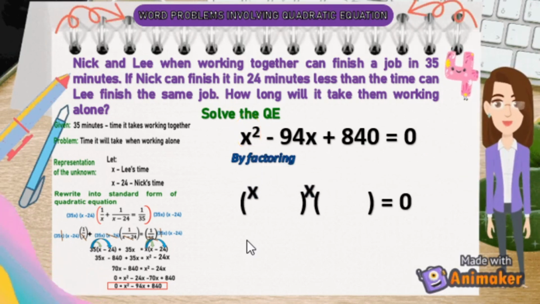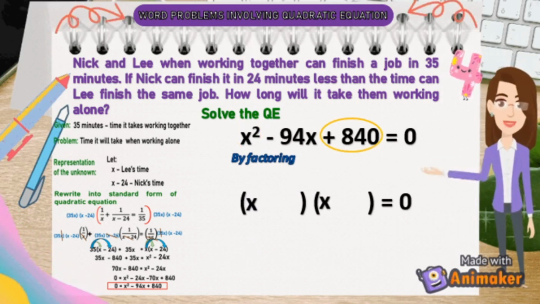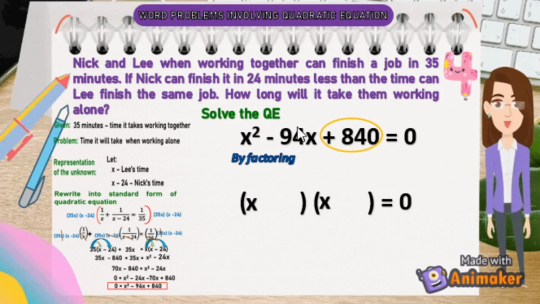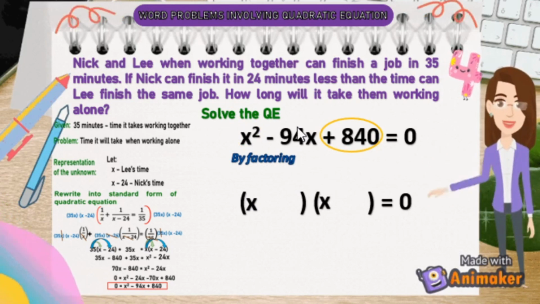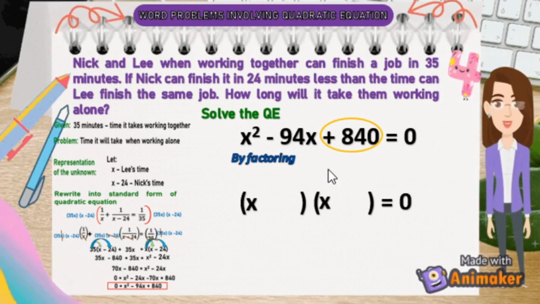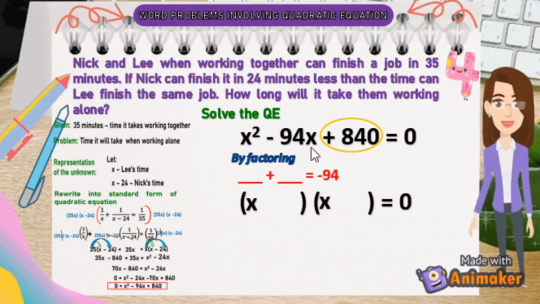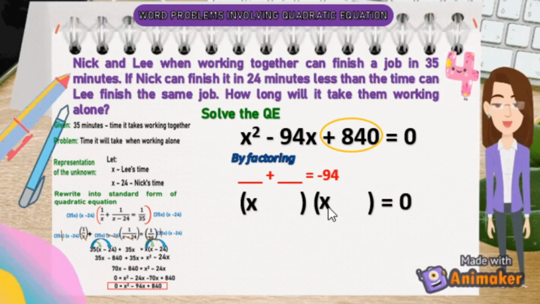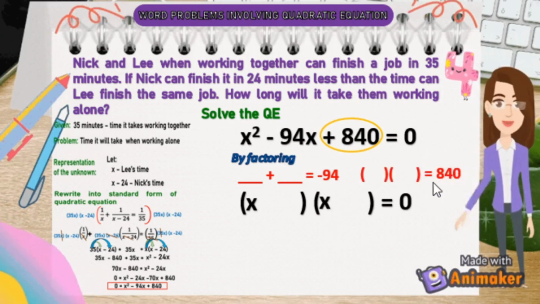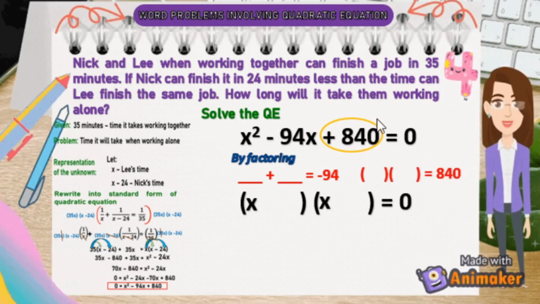Siyempre, x times x. And then, titignan natin yung last term natin or yung constant term natin. Anong factor ng 840 na kapag inadd natin ay negative 94 which is yun yung value ng ating b. And kapag minultiply naman natin ay 840 which is yung value ng ating c.